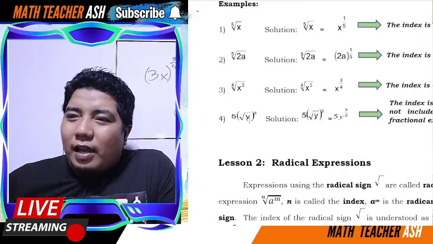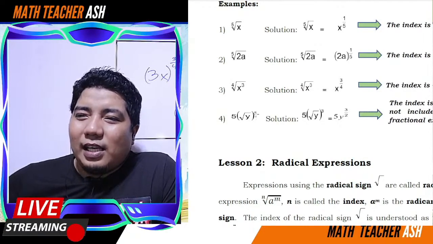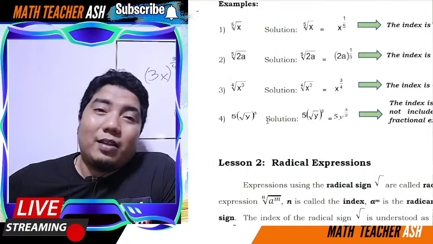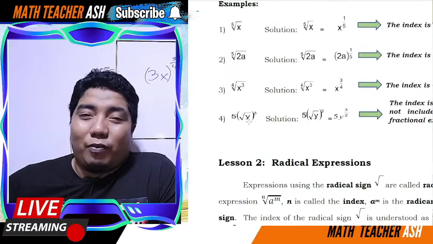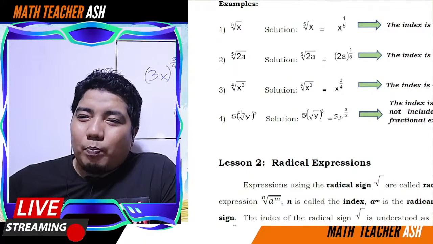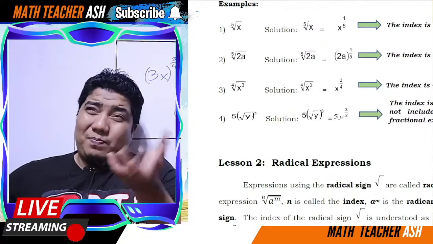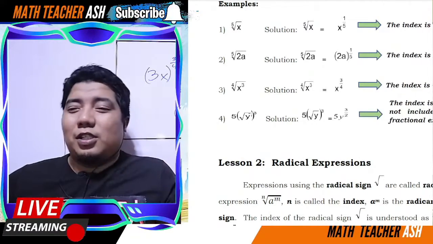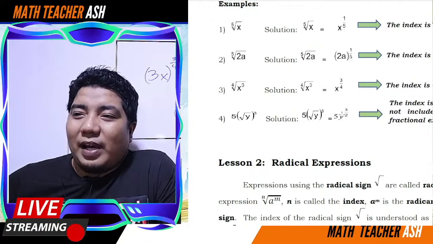Okay. Now, let's be careful here, my dear math learners. As you can see, sino ang ini-exponent ni 3 dito? That is only the square root of y. So, si y lang dito ang pwede nating bigyan ng conversion sa exponential form. So, we just copy the 5, okay?